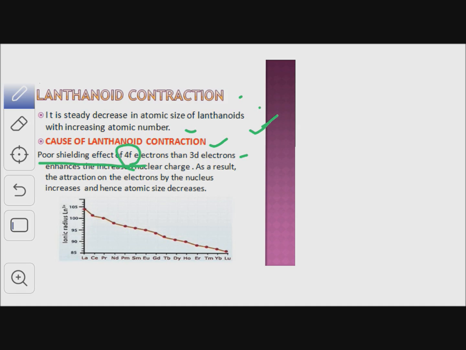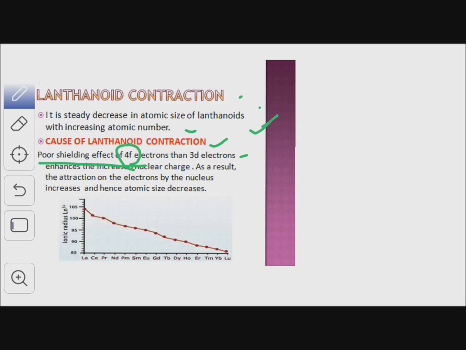The 4f electrons do not shield the outer electrons well, and the nuclear attraction reaches the outermost electrons due to the irregular shape of f orbitals. This imperfect shielding is unable to counterbalance the effect of increased nuclear charge. It reinforces the increased nuclear charge.